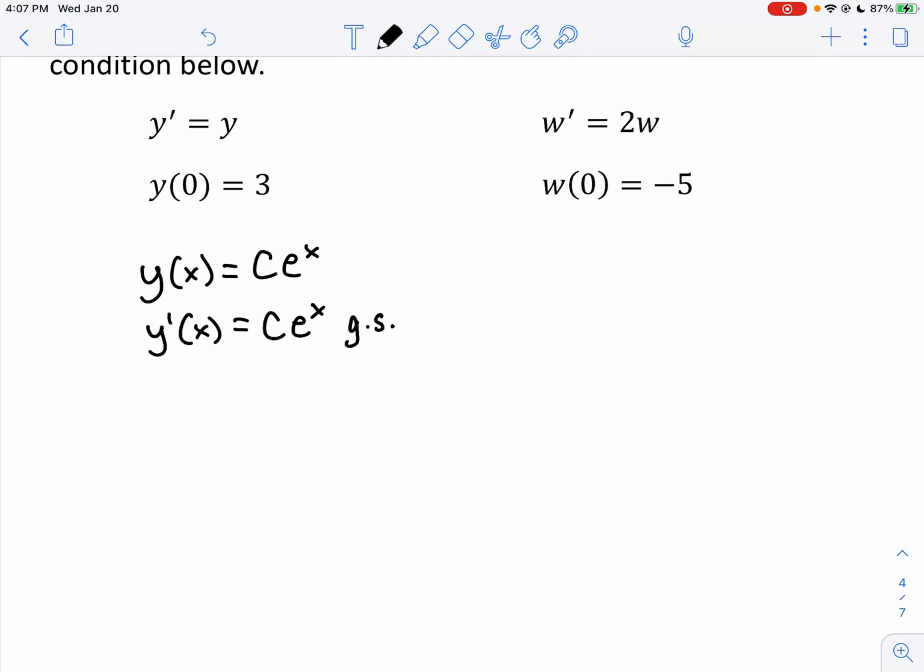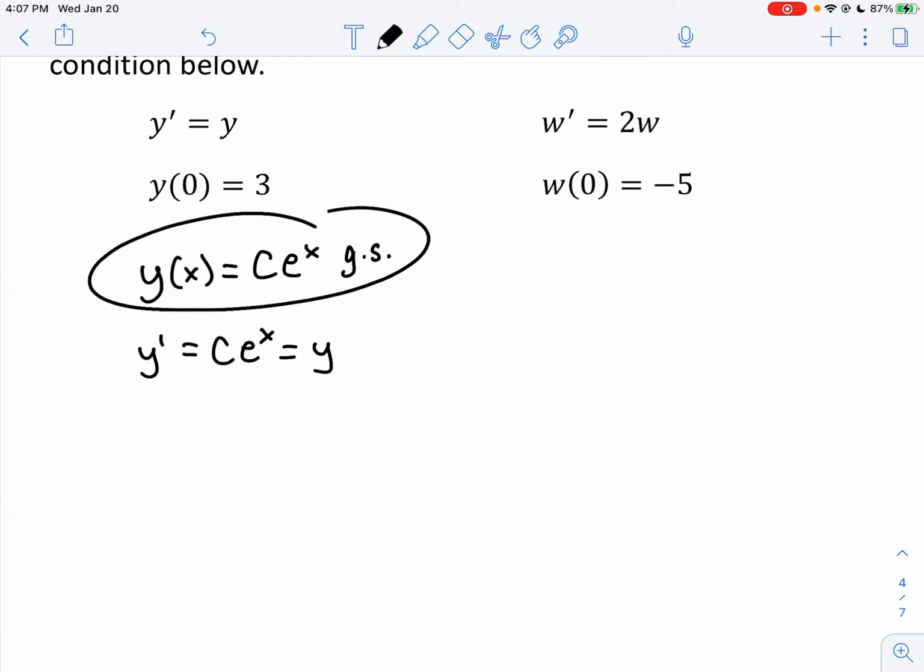Oh, I should say this is our general solution. And I'm going to just use this line here to show that we verified that our general solution works. So this line right here is simply showing that our general solution satisfies the differential equation. Check. y prime is equal to y.